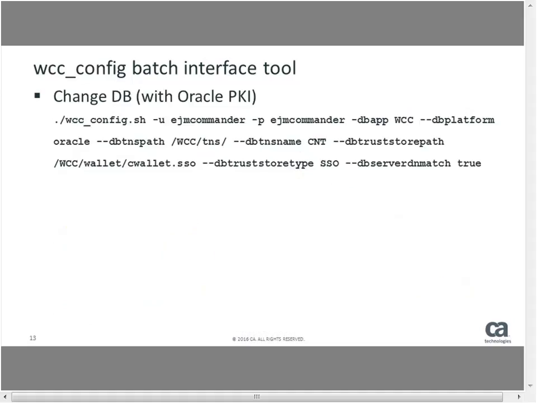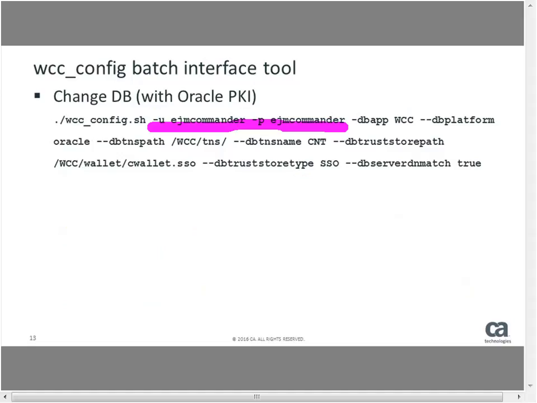This is, for example, a command how to change database to Oracle, which is using PKI authentication. If I should describe it a little bit, the first is username and password for the WCC config utility. That is the same as it was before. The same with the other attributes like DB app, DB platform, which is Oracle.